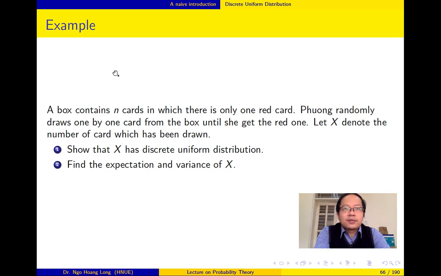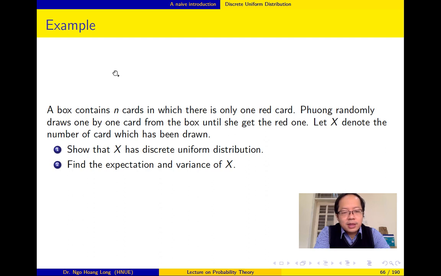Remember that when she takes one card, she looks at the color, and if it isn't red, she puts it aside, outside the box, and continues to take another card. And let X denote the number of cards which have been drawn.